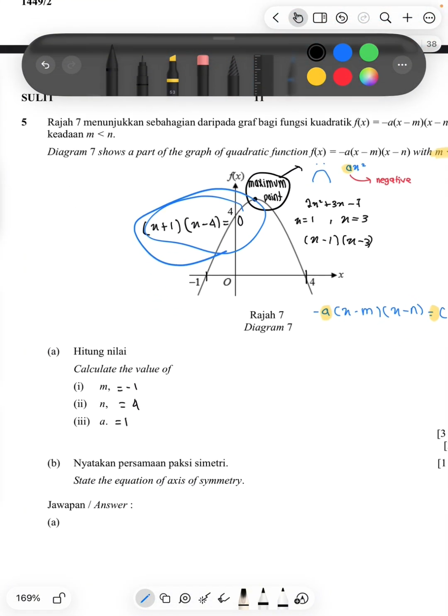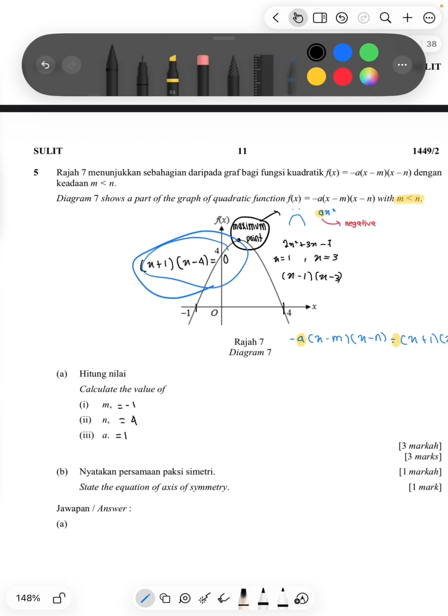State the equation of axis of symmetry. It says state, so you can use the formula to calculate it, which is negative b over 2a, or you can just click on your calculator.